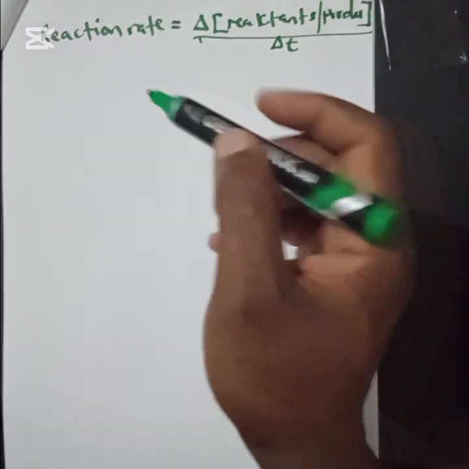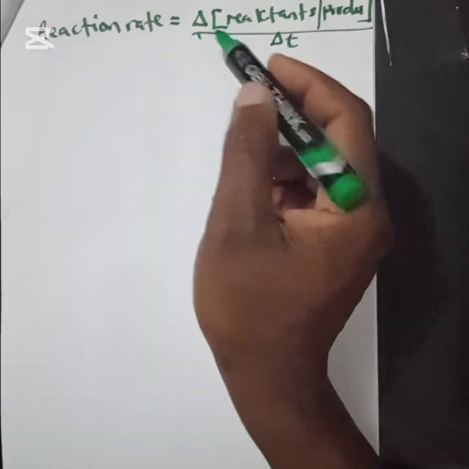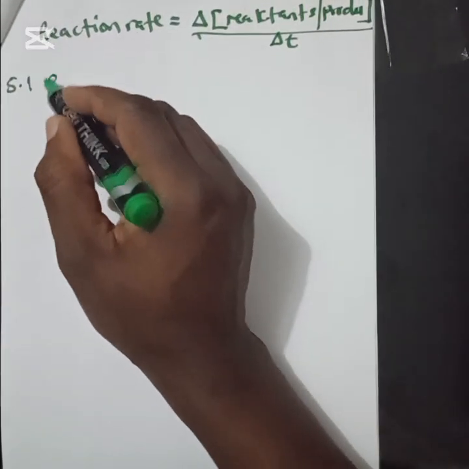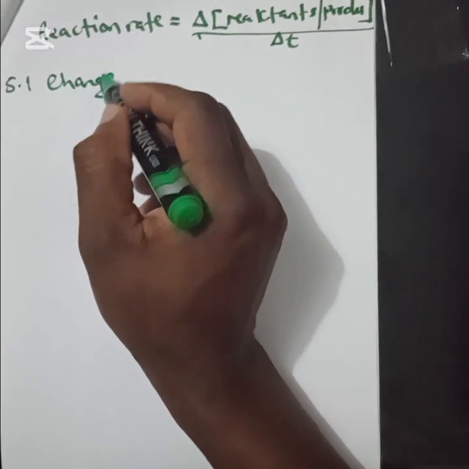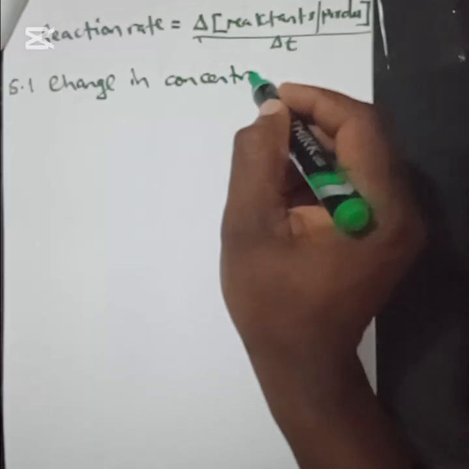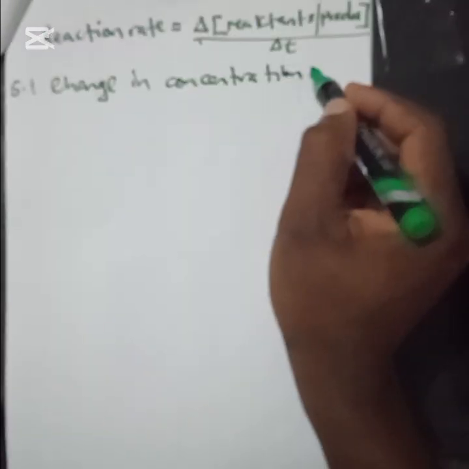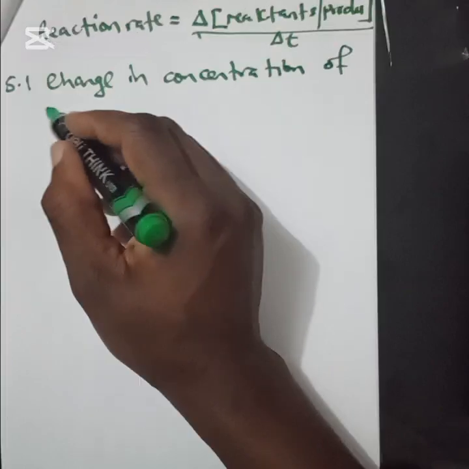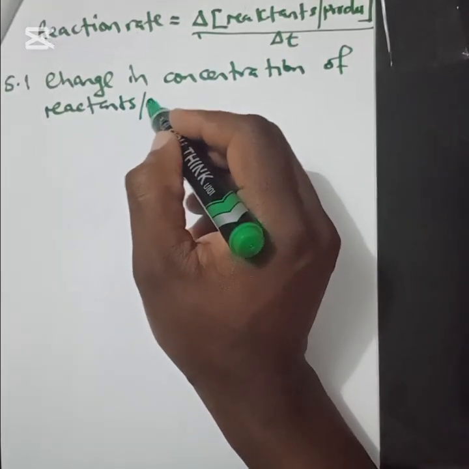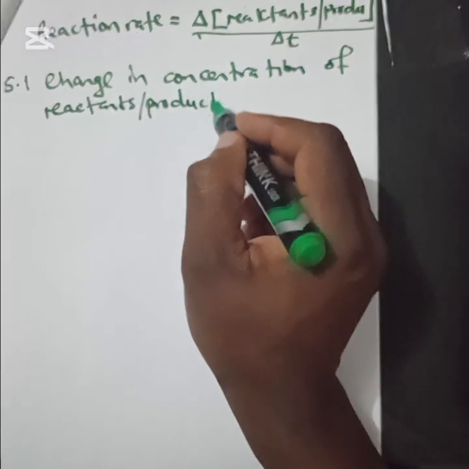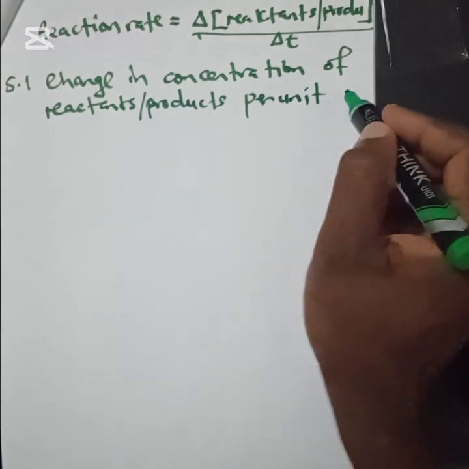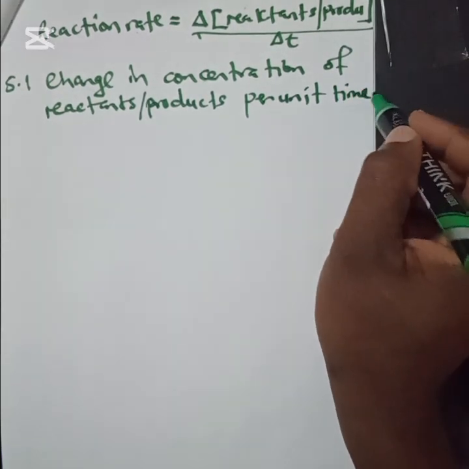Okay, so in words, we are just going to put this in words. Reaction rate 5.1 becomes a change in concentration of reactants or products per unit time.